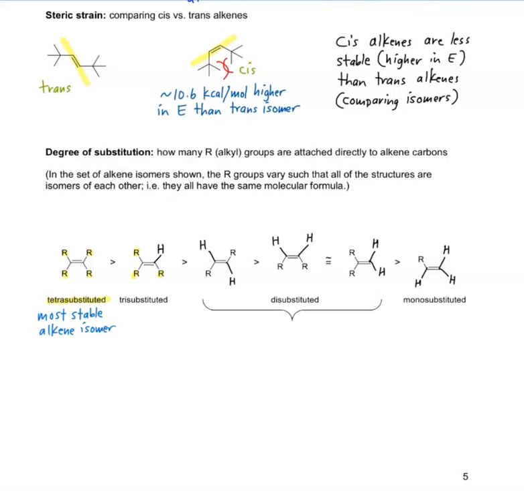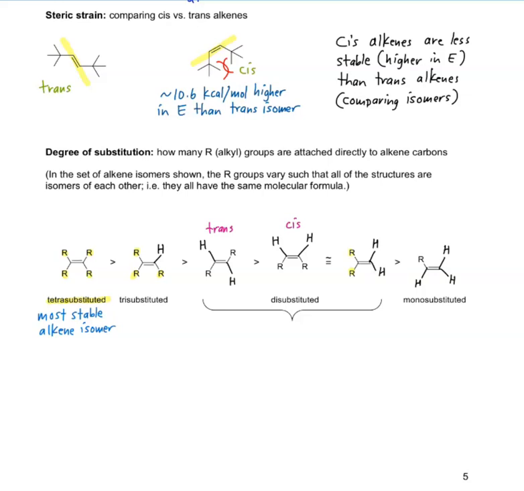And following that, in order of stability, we have 3 different types of disubstituted alkenes. The first one, which is the most stable of the 3, is the trans. The next one, which is less stable, as we saw previously, is the cis. And then finally, the disubstituted compound where both of the R groups are attached to the same alkene carbon.